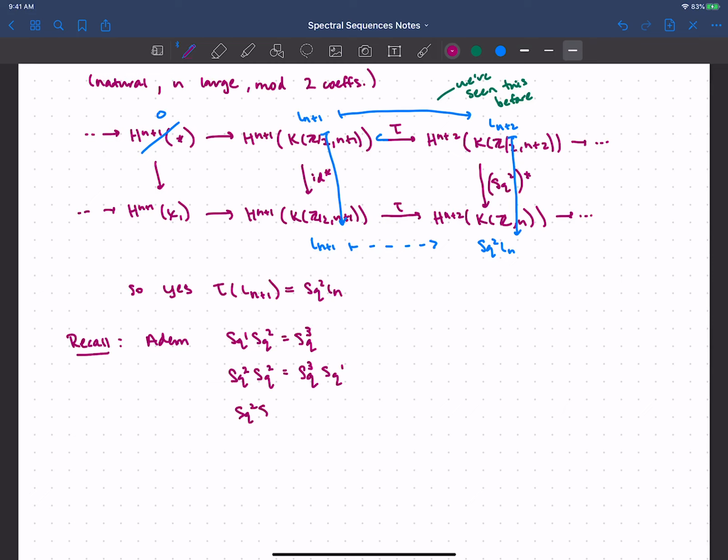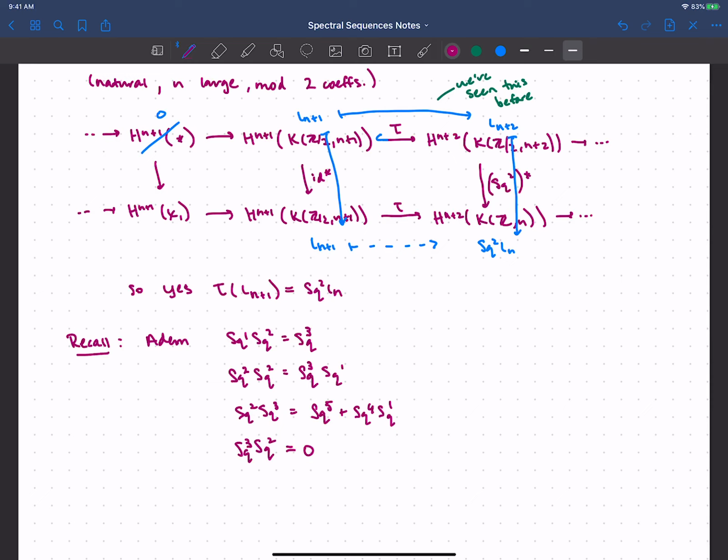Square 2, square 3 is going to end up giving you square 5 plus square 4, square 1. Square 3, square 2, on the other hand, if you swap the order of those, then that'll give you 0.